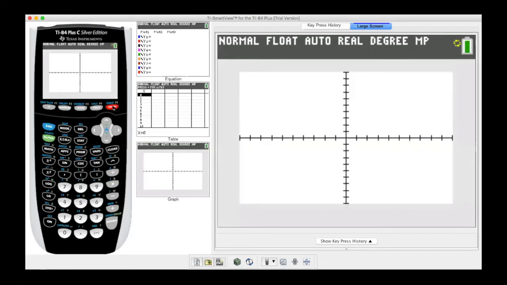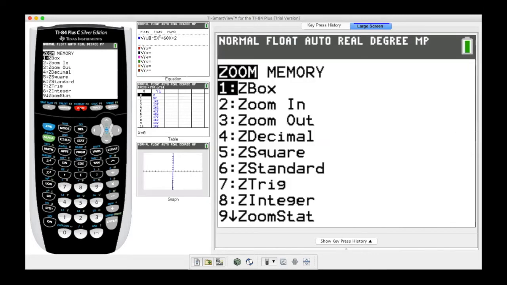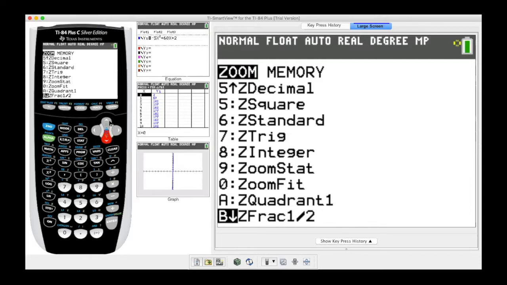Graph. Okay, you can see here it's working. I see a blue line, but that certainly doesn't look like the height of a rocket. So what I'm going to do next is hit zoom, and arrow down to where it says ZoomFit, which is zoom 0.